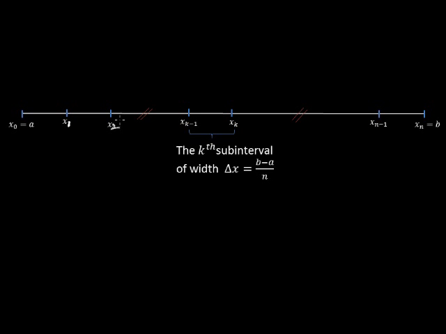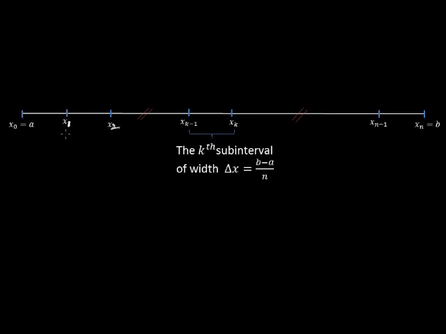The little red hash marks mean equal widths, and it goes on, and then we get to the arbitrary subinterval, the kth subinterval, and it's x sub k minus 1 comma x sub k. Right here is the kth subinterval.